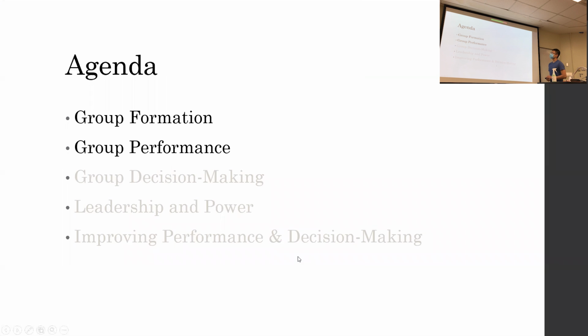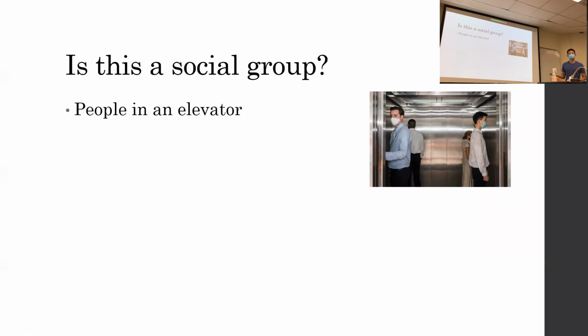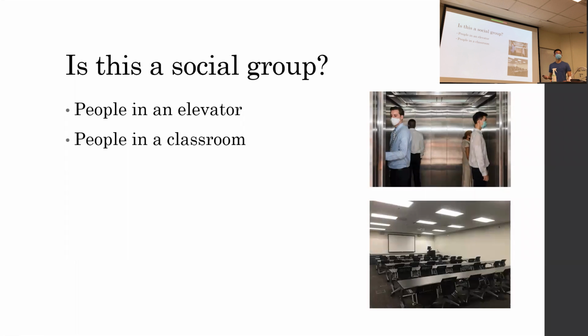Okay, so today we're going to talk about group formation and group performance. Now I'm going to give you some scenarios and you tell me whether this is a social group or not. People in an elevator? No? Okay. People in a classroom? Depends. Okay.